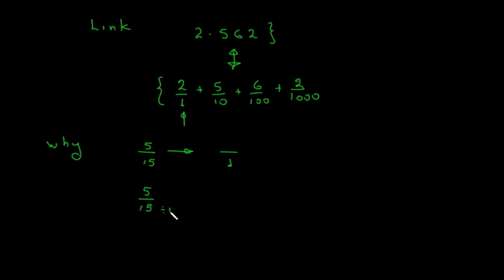Divide that by 15. Now because you divided the bottom by 15, you have to also divide the top by 15. It is maintaining the ratio of those numbers to each other. Like half, exactly the same as 2 over 4, exactly the same as 4 over 8. The ratio of those numbers are the same to each other.